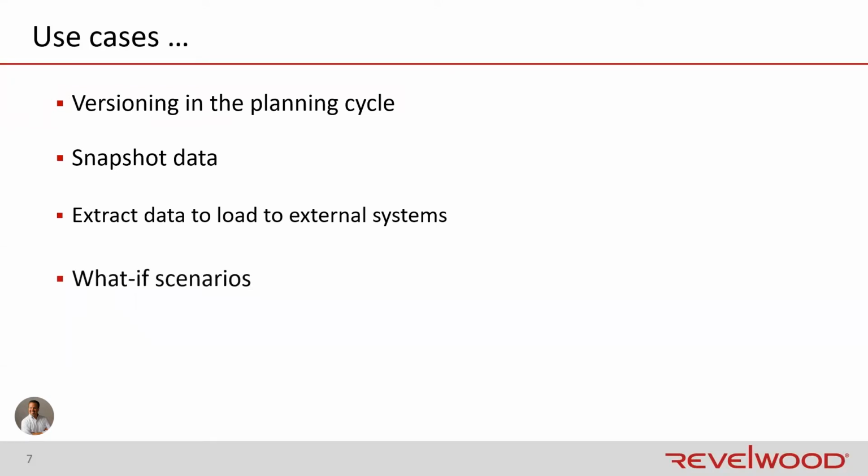Use what-if scenarios. Directly in planning analytics, sandboxing exists, and it's a very powerful feature, but it's not widely used because it's actually very complicated to set up. So here's a way to create very simple what-if scenarios. Updates to business structures.